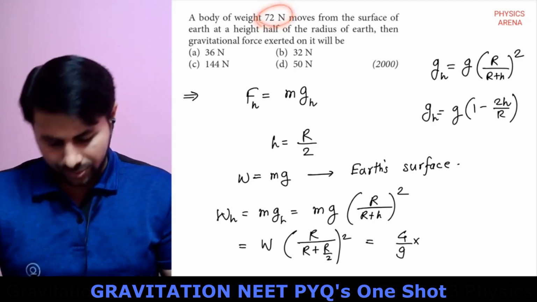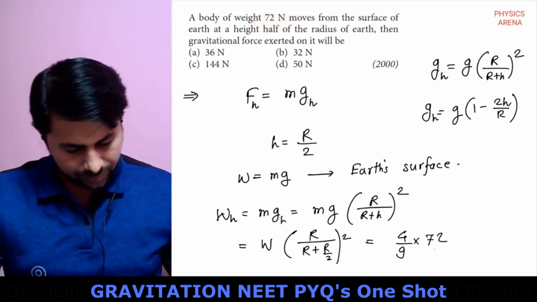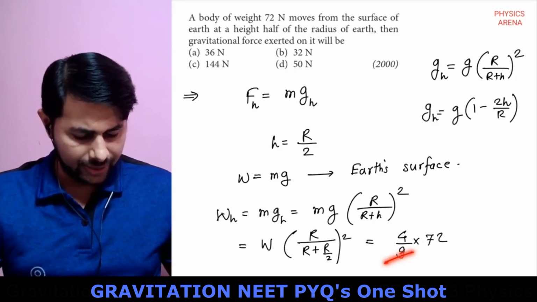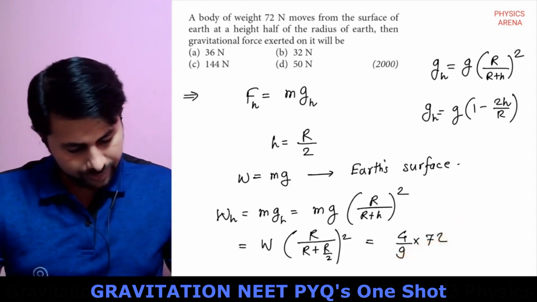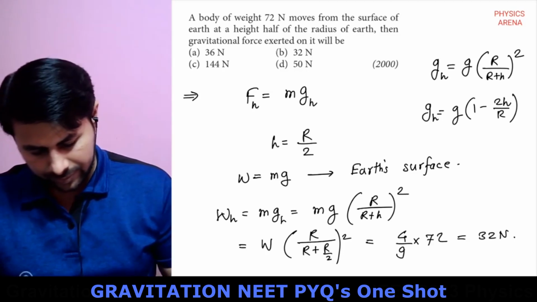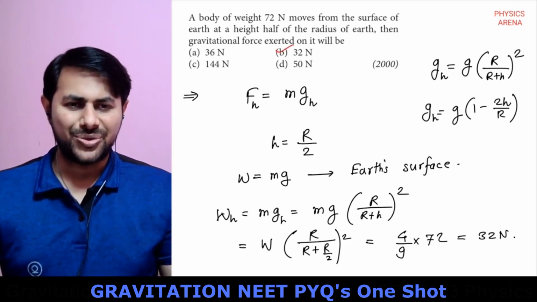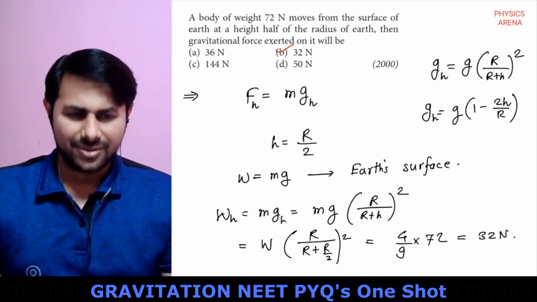It is 72 newtons, 72, okay? So 8 nines are 72, so we have 8 times 4, 32 newton is the answer. Oh, you calculated, very good. Okay, it's option B, good.